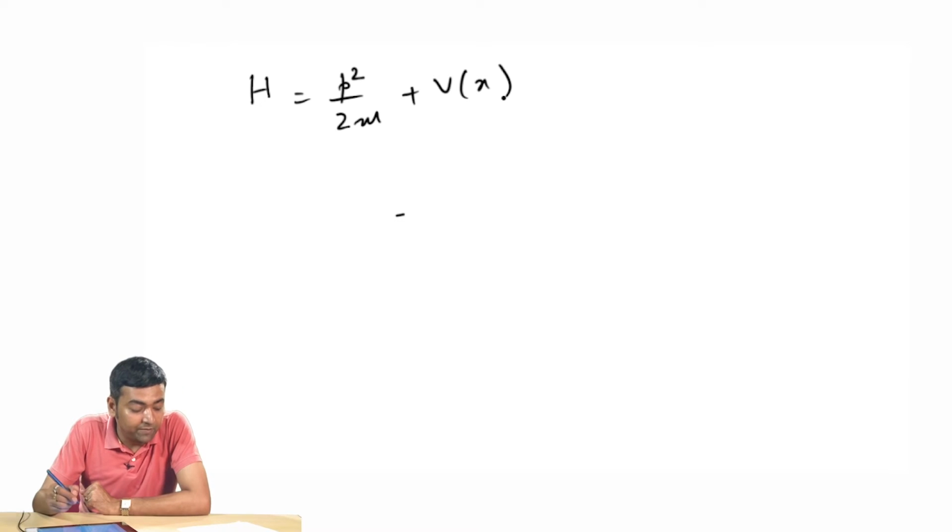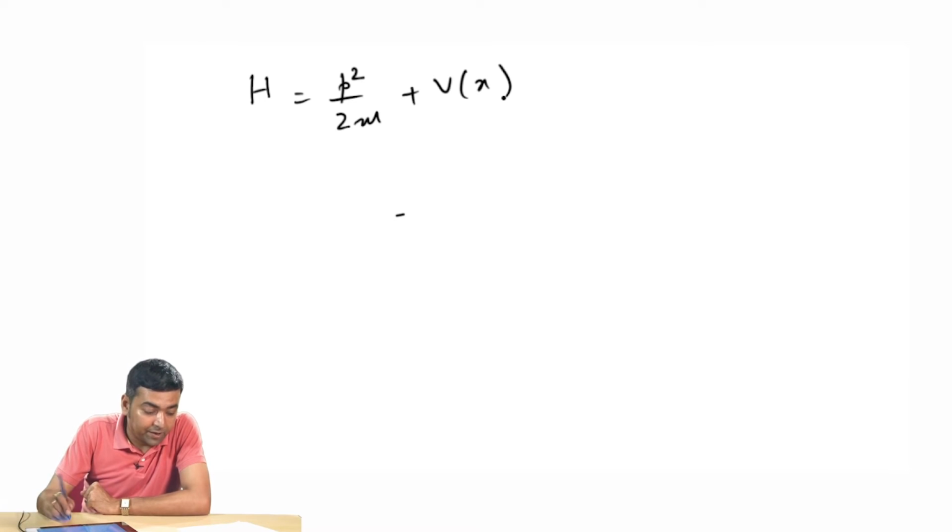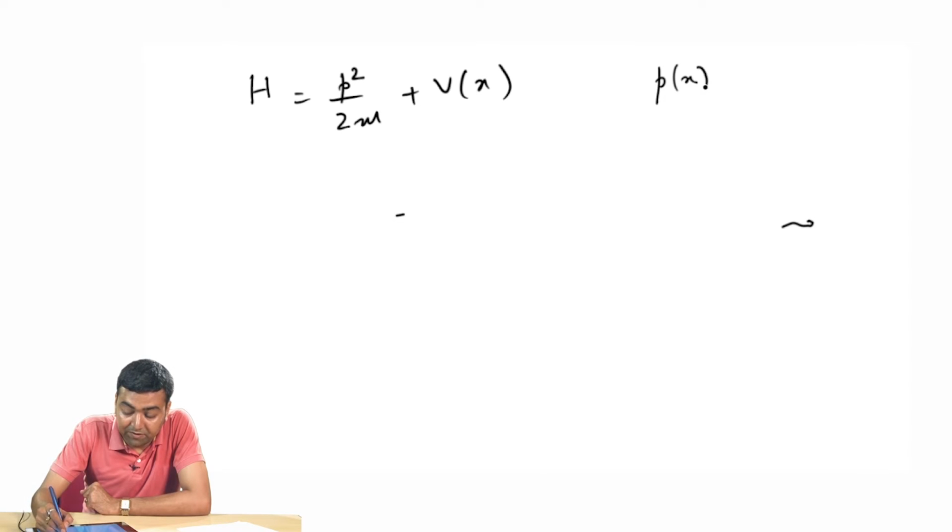Now, what I am going to do is expand my wave functions in a plane wave basis. So, the choice of my basis is I denote my basis function in this fashion.